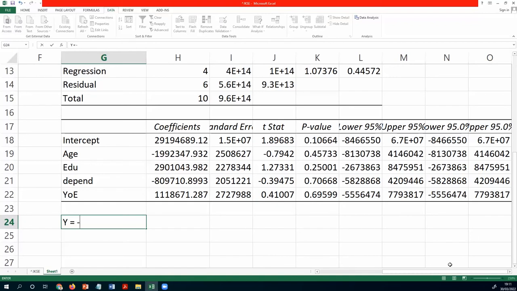minus 1992347 times age. Coefficient first, plus beta.